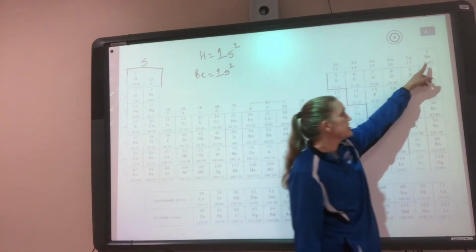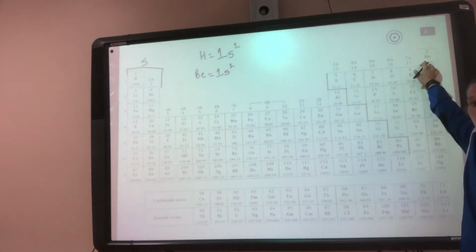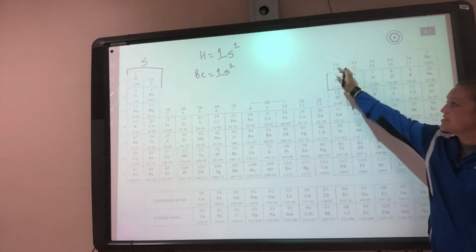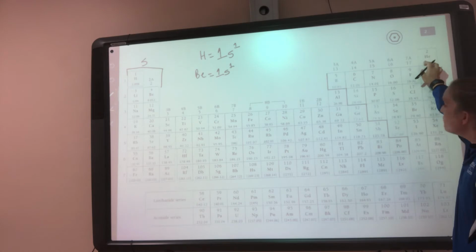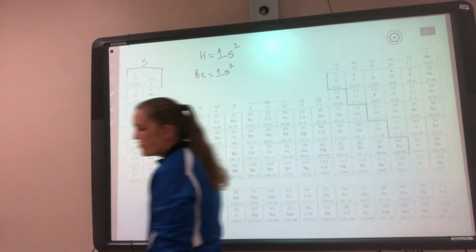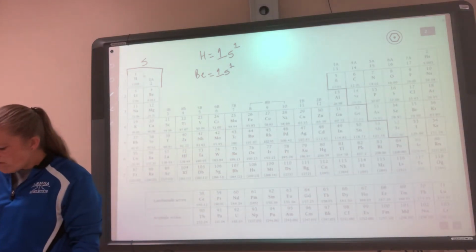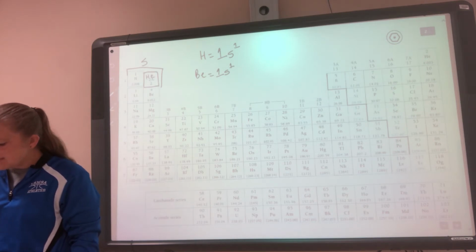The next one is helium. What row is helium in? Helium is in my row where N equals 1. Remember that for these problems, you imagine helium sitting right here, so he sneaks over there.